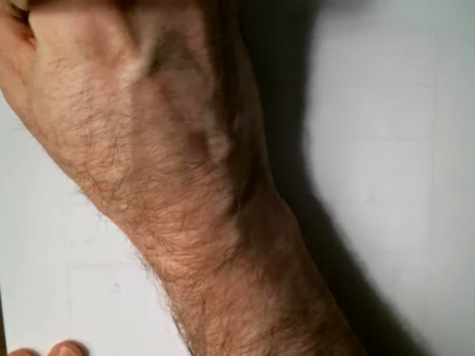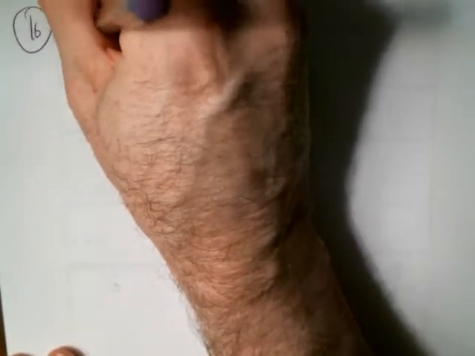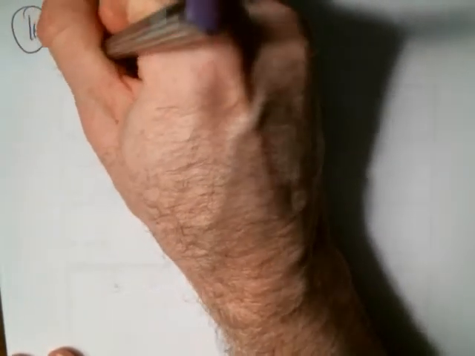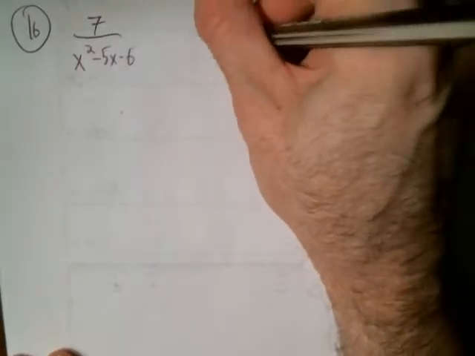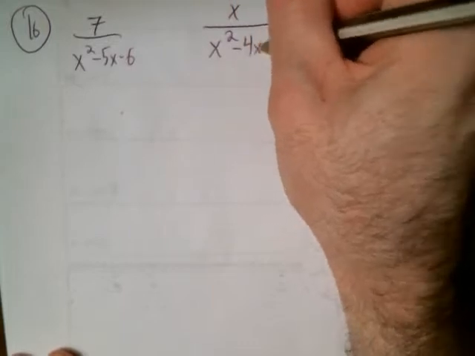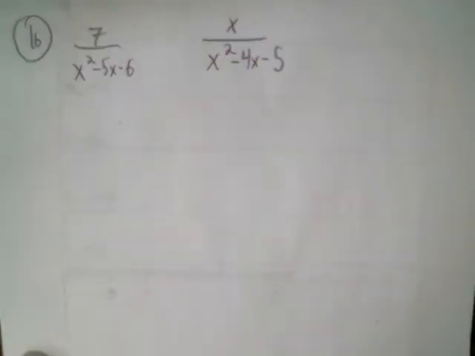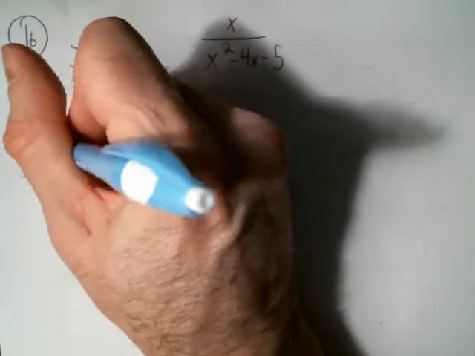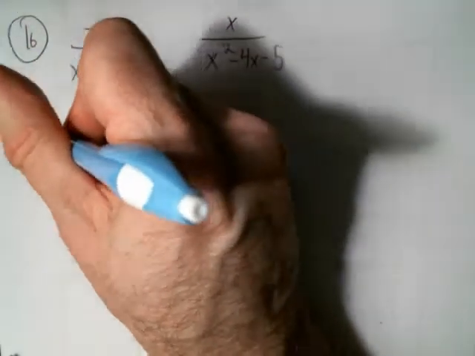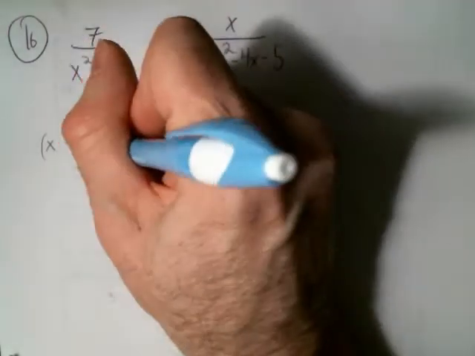Let's try one more, and then we'll actually get in there and see if we can do some of these. This is all prep work so far. This is number 16: 7 over x squared minus 5x minus 6, and then x over x squared minus 4x minus 5. Take this denominator and factor it into two binomials.